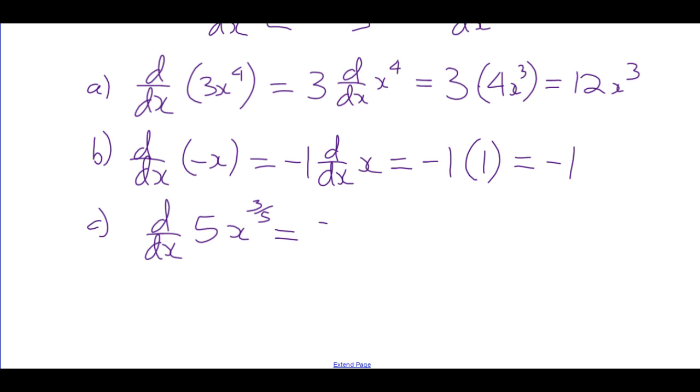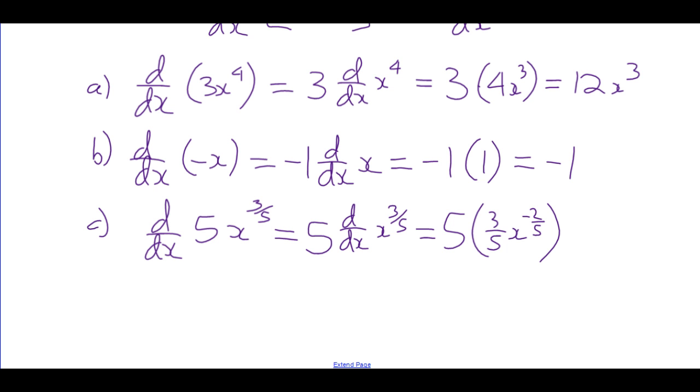Okay, so that's 5 times, what's the derivative of this? Three-fifths x to the negative 2/5. And 5 times 3/5 is 3.